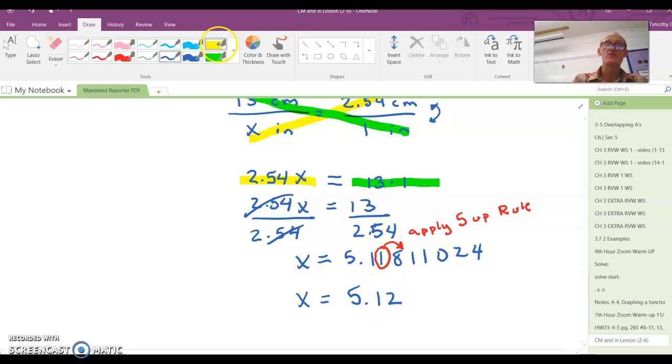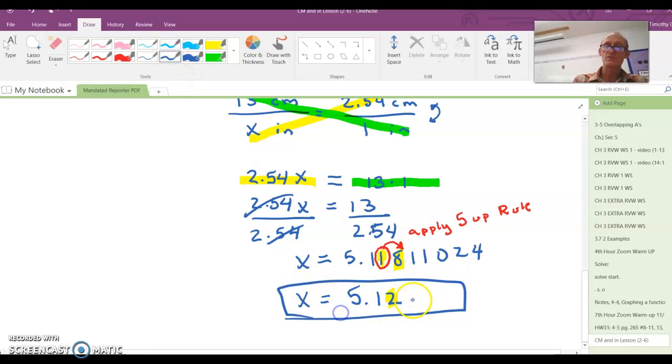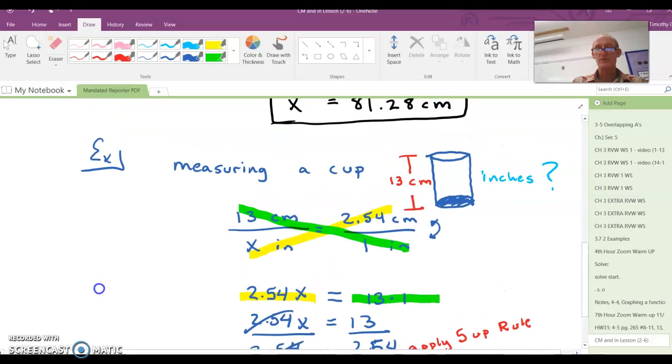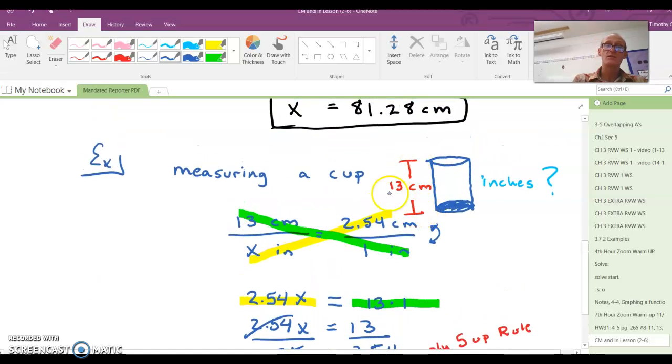That 1 changed to a 2 because of the 8. So 5.12 inches is the answer. So this cup is 13 centimeters, but it's 5.12 inches.